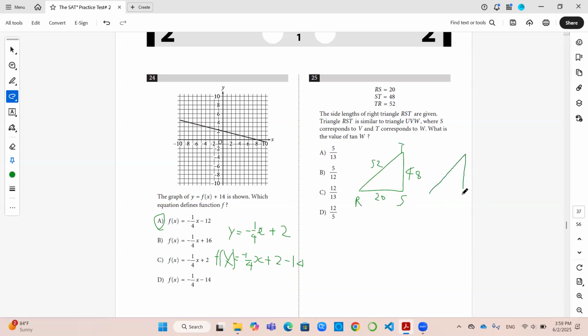I'm going to draw another triangle here. So we have UVW, and we're looking for tan of W. So tangent is opposite over adjacent, so 20 over 48. If I divide this by 4, then I get 5 over 12, so B is the correct answer.